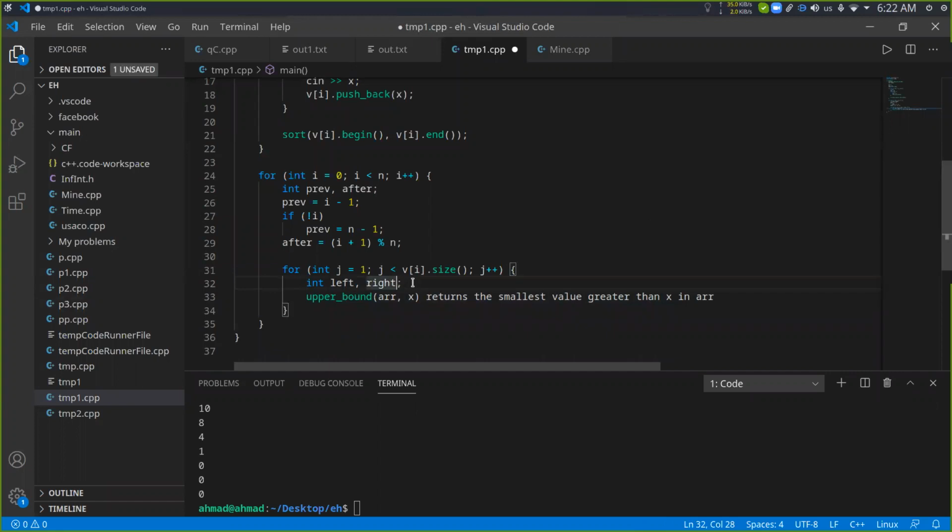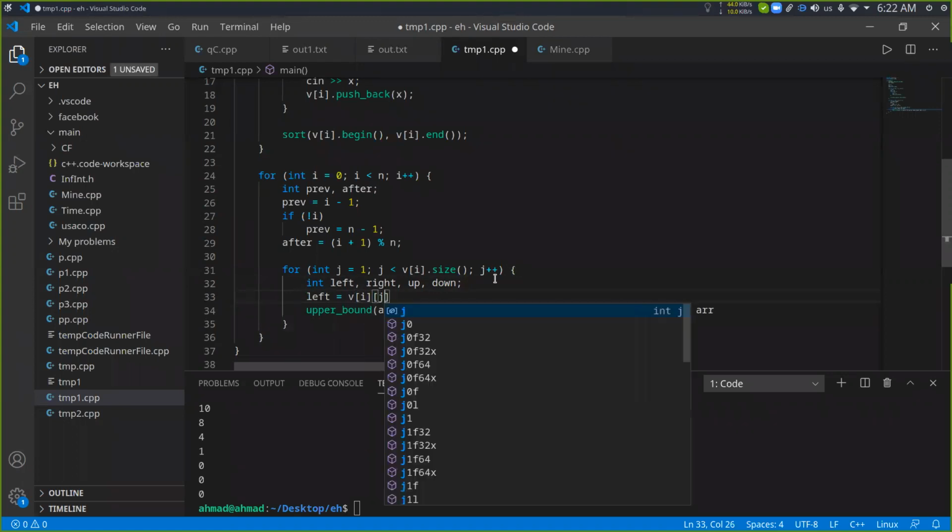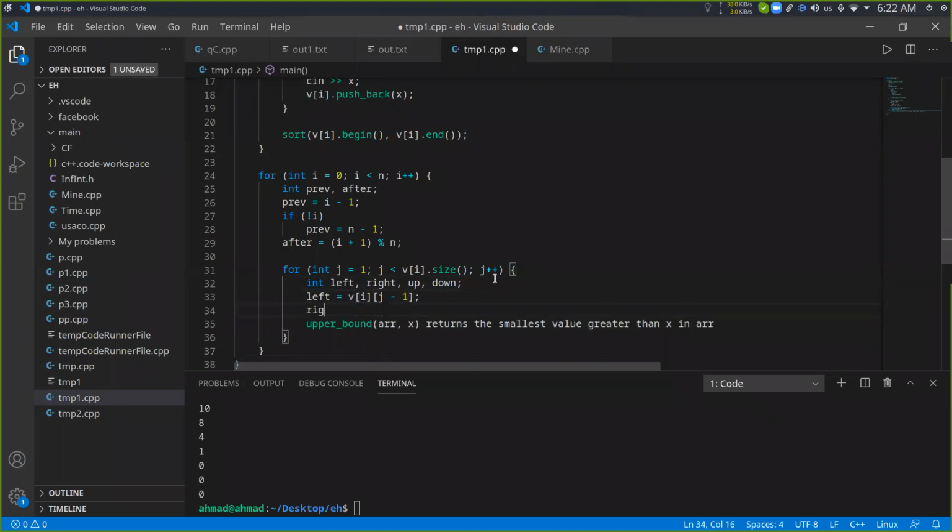Okay, so now I know that we want to make 4 variables. I get it now. So let's say left is the number of the bridge I'm standing at on the left side. Left will be equal to v of i of j minus 1, and right will be equal to v of i of j. So left is the left bridge, right is the right bridge.